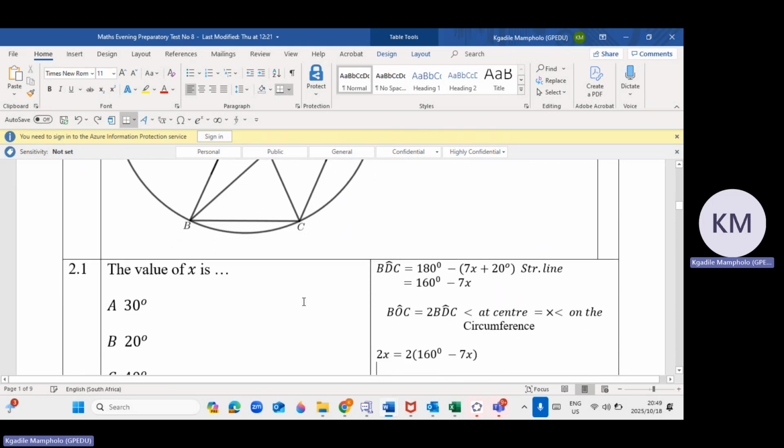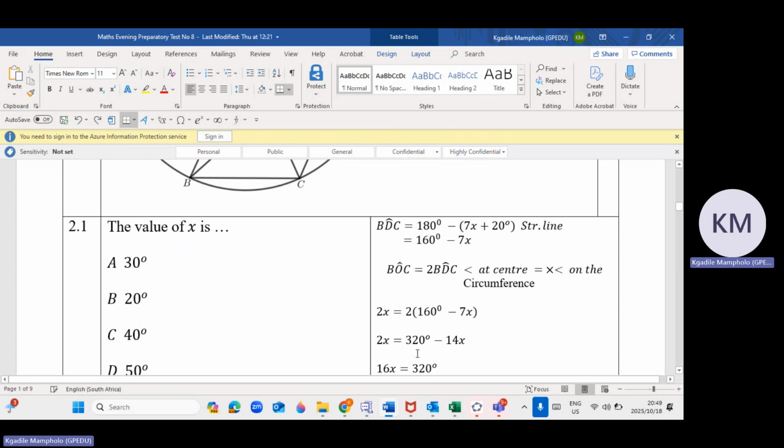Now BOC equals 2 BDC. Then you say 2x equals 2 into the angle that we have calculated, which is at the circumference. Remember, as long as the two angles are subtended by the same arc, the one at the center will be twice the one on the circumference.